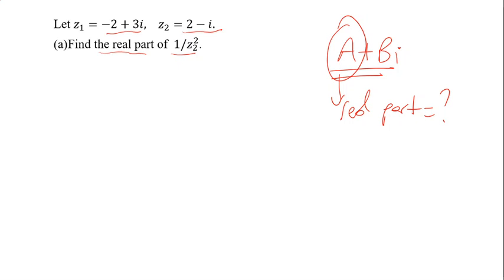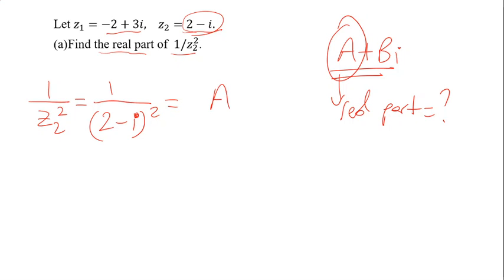Now first, when we substitute z sub 2 squared, it will be 1 over (2 - i) squared. We want to write this one as a + bi. The first thing is it's better to take care of this one first.